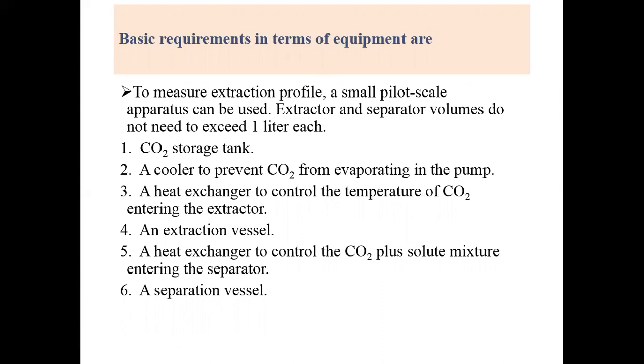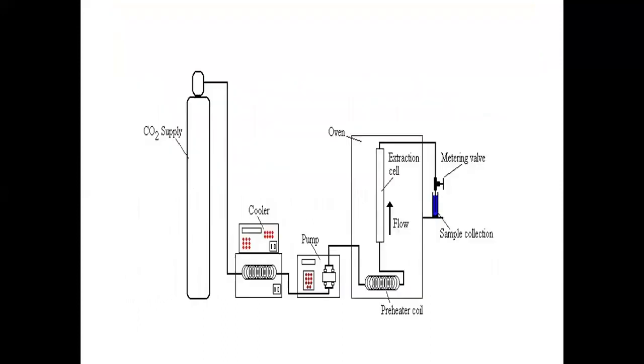First, a CO2 storage tank, a cooler to prevent CO2 from evaporating in the pump, a heat exchanger to control the temperature of CO2 entering the extractor, an extraction vessel, a heat exchanger to control the CO2 plus solute mixture entering the separator, and a separation vessel. These are the important basic components of a supercritical fluid extractor.